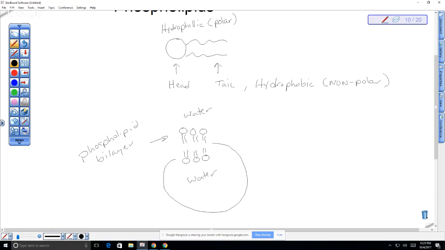And this is actually what makes up the plasma membrane of the cell. I'll put plasma membranes of the cell, because in our cells we have internal membranes and external membranes.